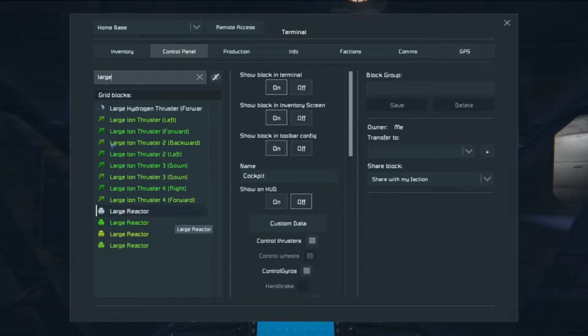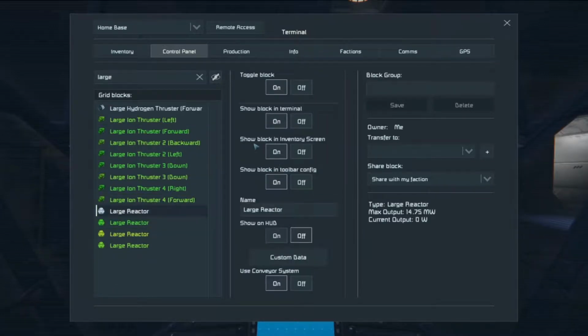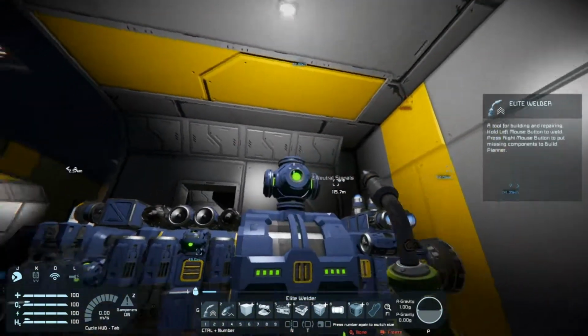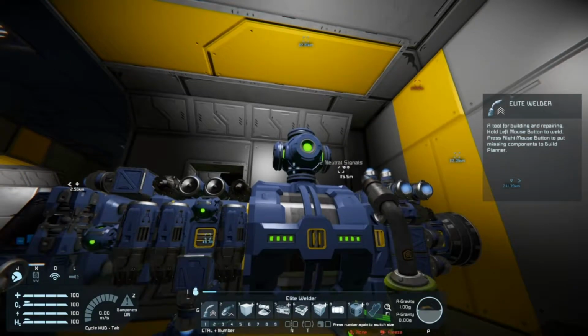So instead of doing that, I put in a large reactor, which allows 14.75 megawatts of power. And so that will keep me powered pretty well.